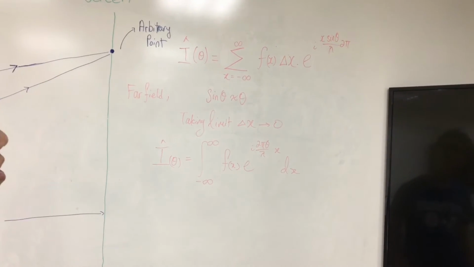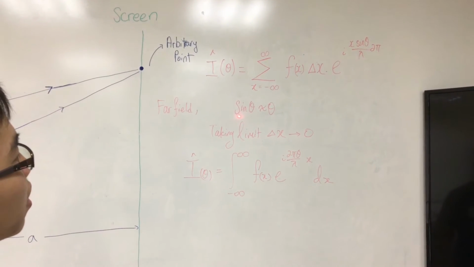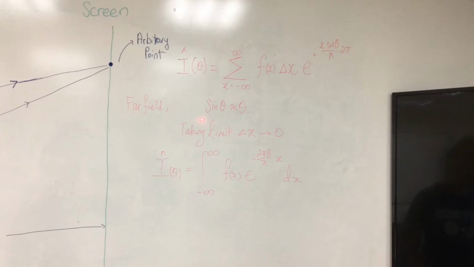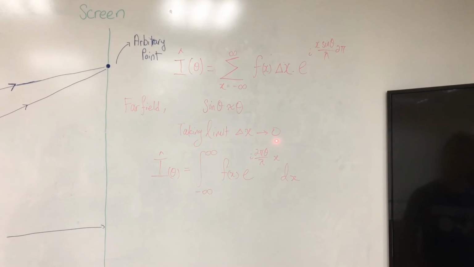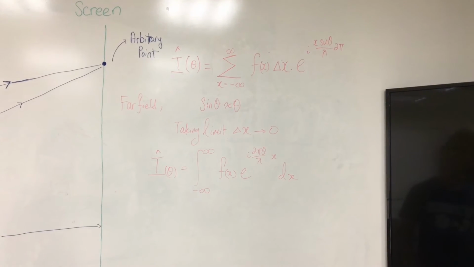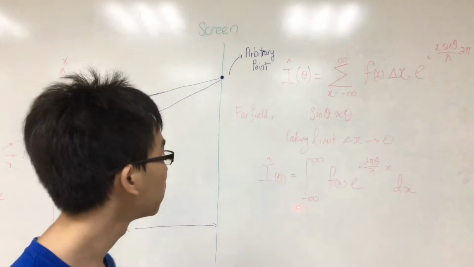Now, let us assume that at the far field, sine theta is approximately theta, and then we take the limit of delta x to 0. From that, we can see that it actually becomes an integration.